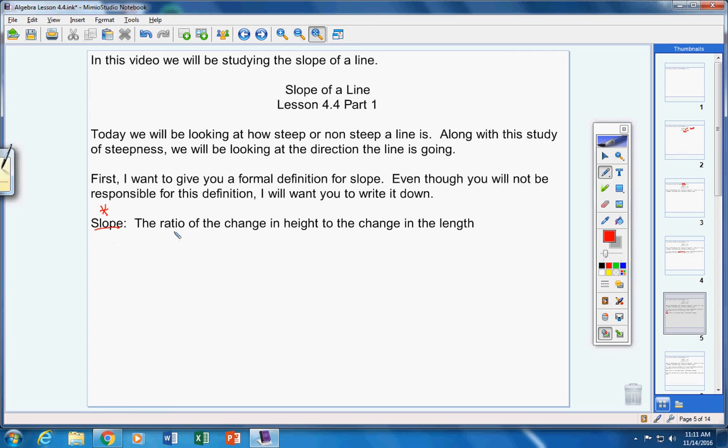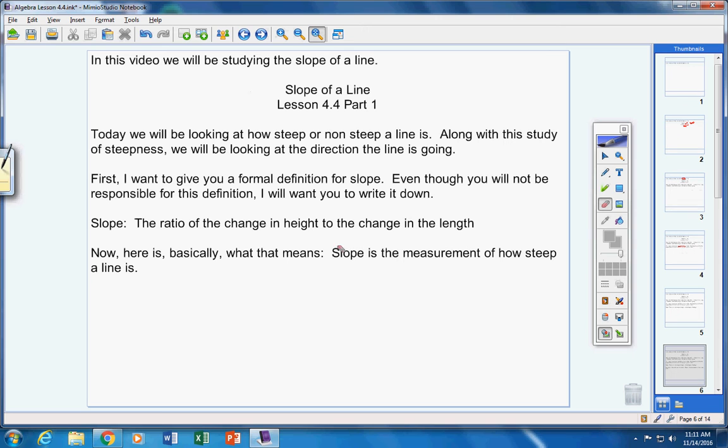It is the ratio, that means you have a fraction bar, of the change in height to the change in the length of the line, okay? It's the ratio of the change in height to the change in length of the line, okay? So there's the definition. Please copy that in your notes. You don't have to know it, but that's a formal definition of what slope is.